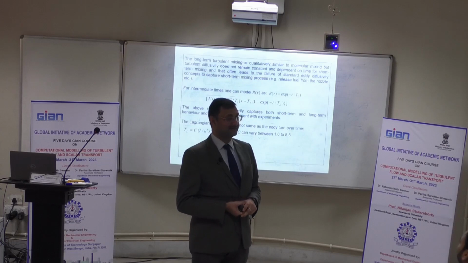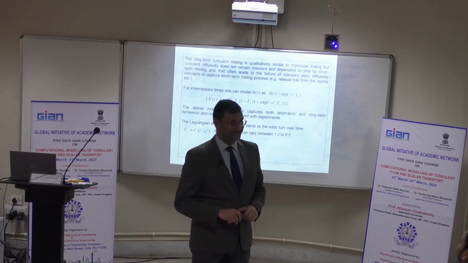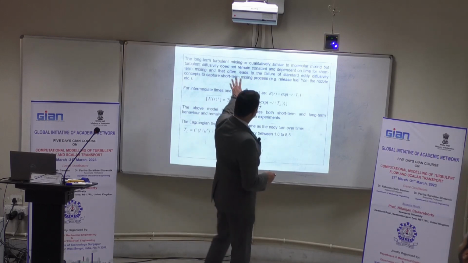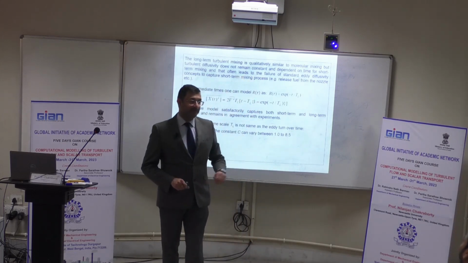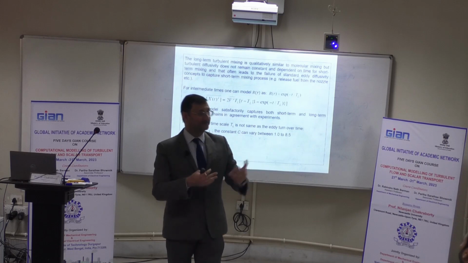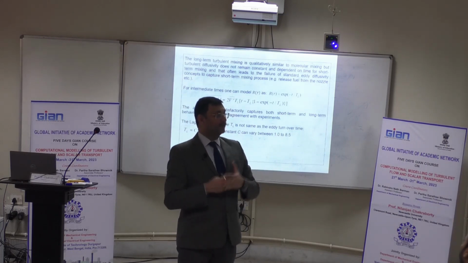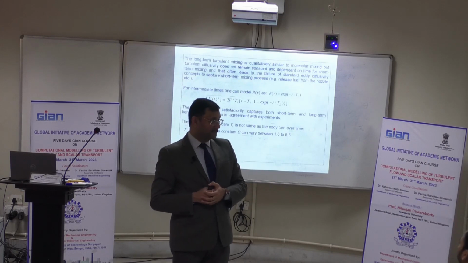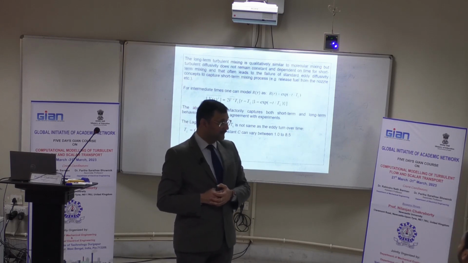And if you get the correct result, it might be for wrong reasons. Okay? Far away from the nozzle, we actually go back to the long-time behavior, and then it can perhaps capture the behavior. Okay?